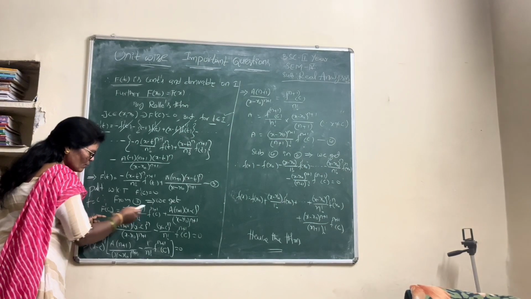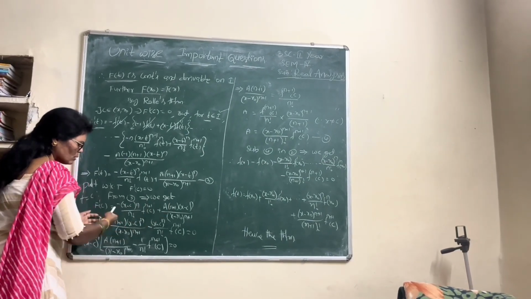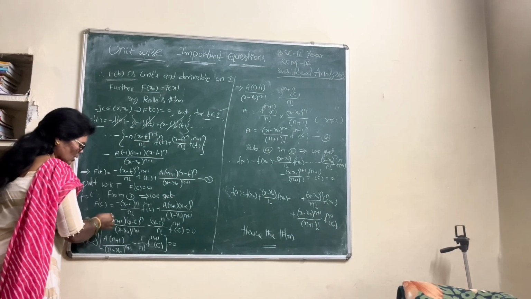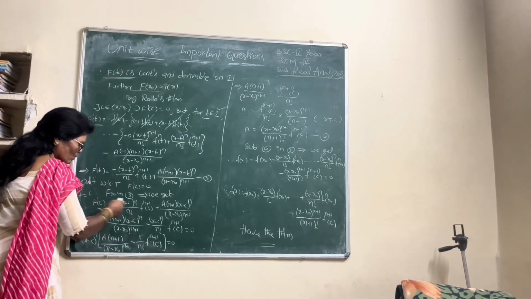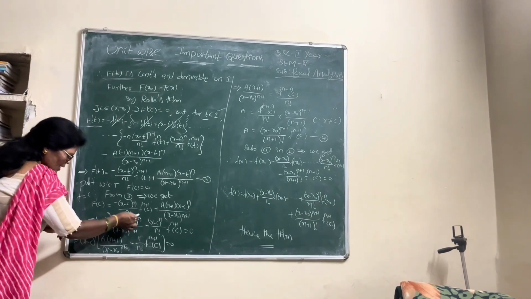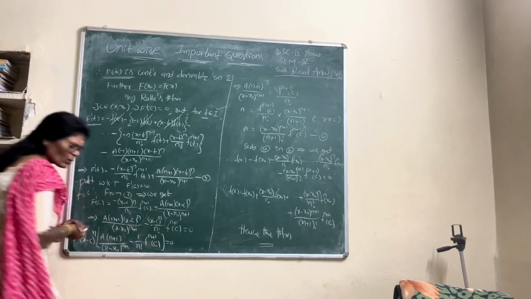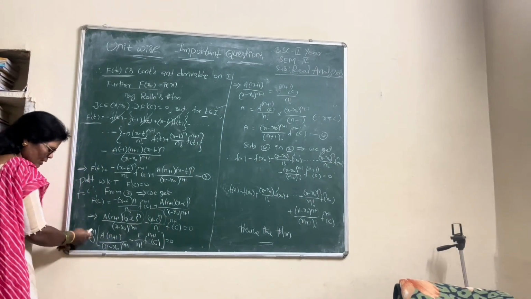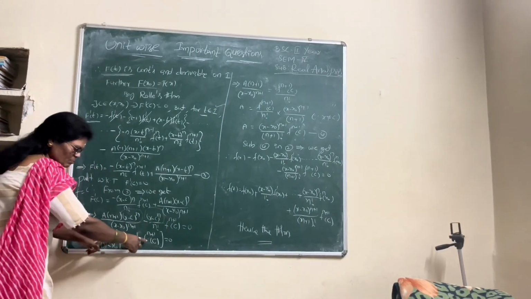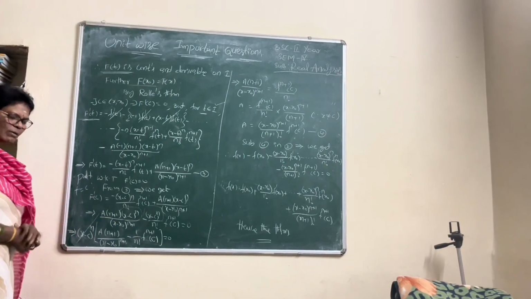Here I am writing a into this term in the first term, and the minus term in the second term. In this case we take the common term (x minus c) whole power n, and the remaining terms I write here equal to 0. It becomes cancelled.